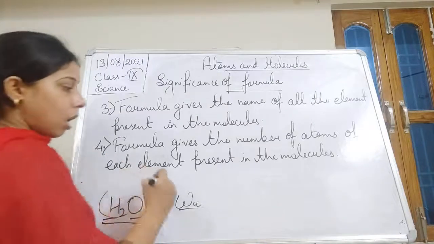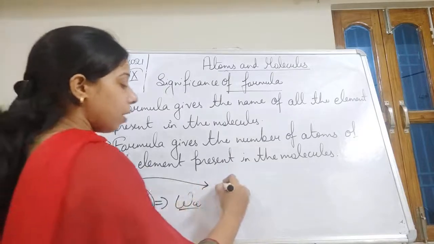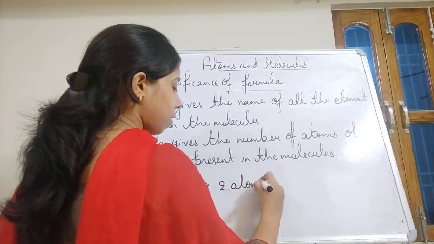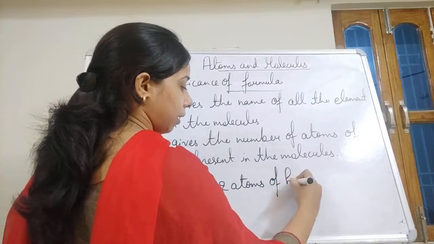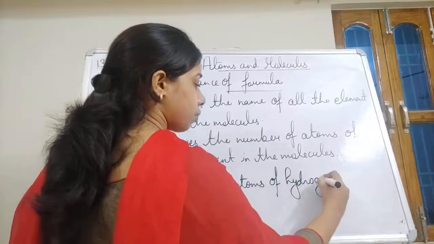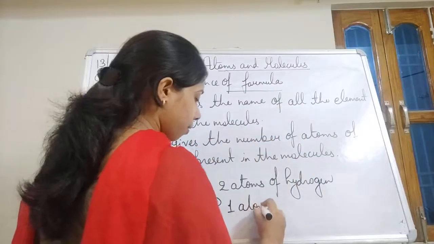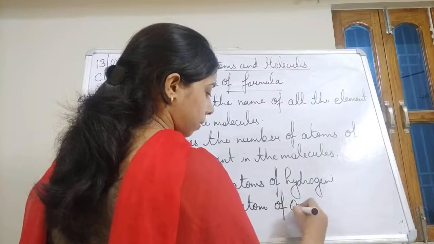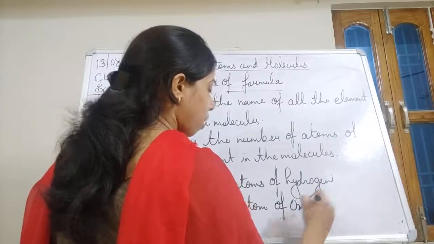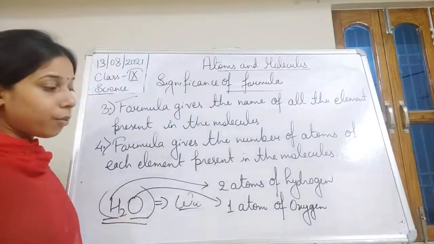So how many atoms of hydrogen are there? 2 atoms of hydrogen. And 1 atom of oxygen is there.